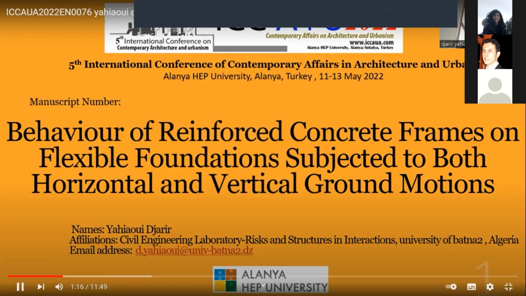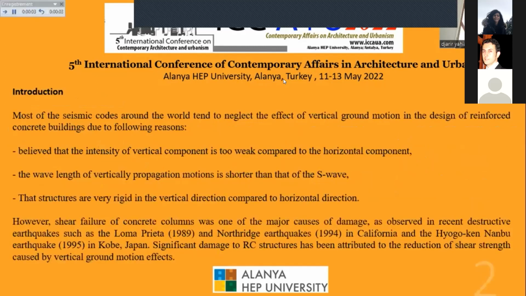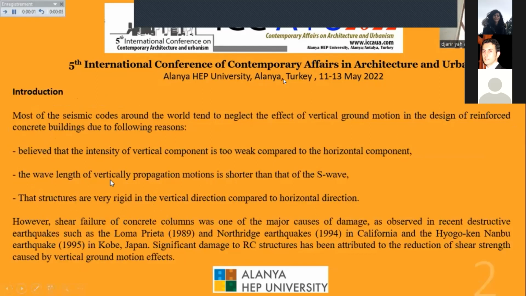Introduction. Most of the seismic codes around the world tend to neglect the effect of vertical ground motion in the design of reinforced concrete buildings due to the following reasons. Believe that the intensity of vertical component is too weak compared to the horizontal component. The wavelength of vertically propagating motions is shorter than that of the S wave. That structures are very rigid in the vertical direction compared to horizontal direction.